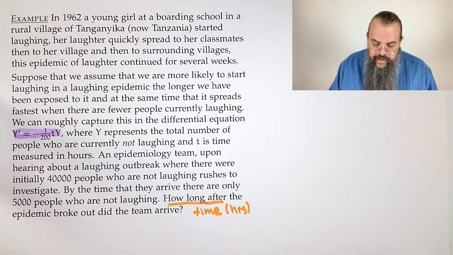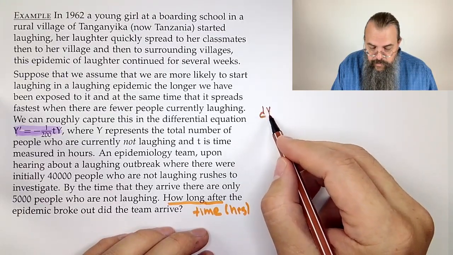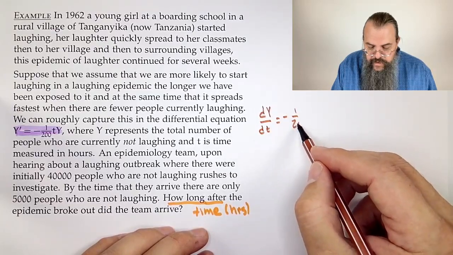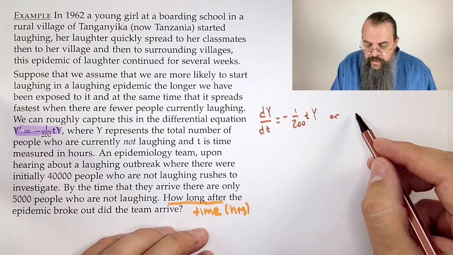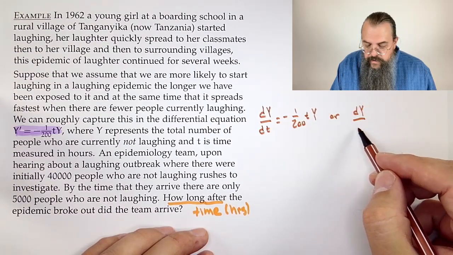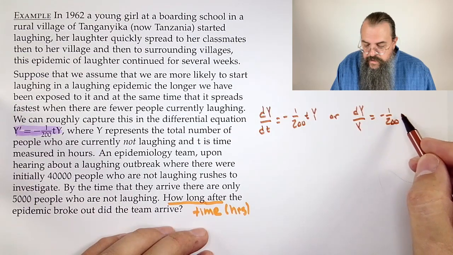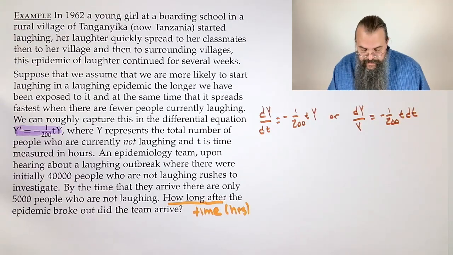So we could say that we have the following: dy over dt is minus 1 over 200 t times y, or dy over y is minus 1 over 200 t dt. So far, so good.